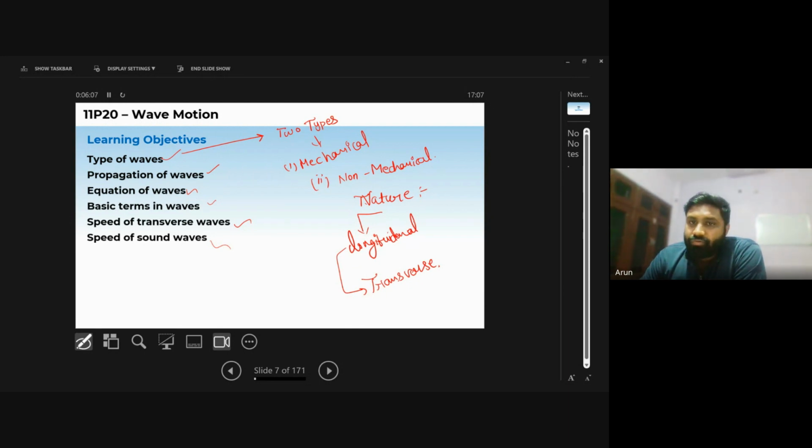So these two waves we have also discussed. So longitudinal wave, I will give you the overall summary of it. Wave motion is like this.